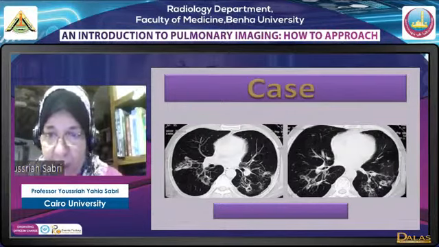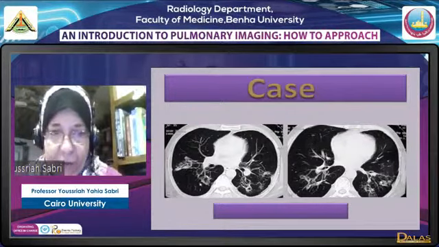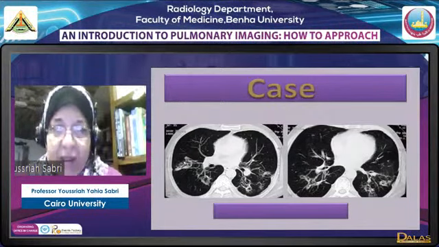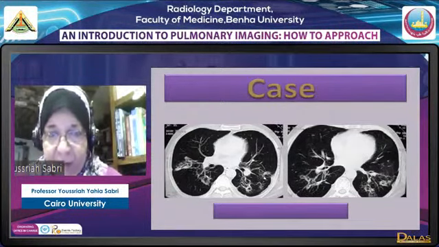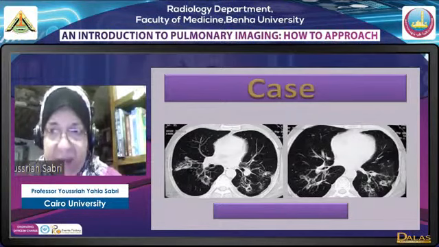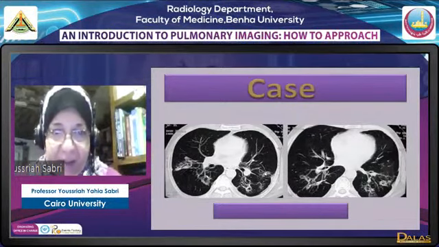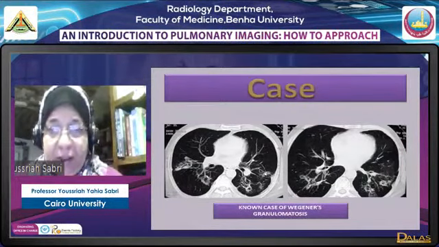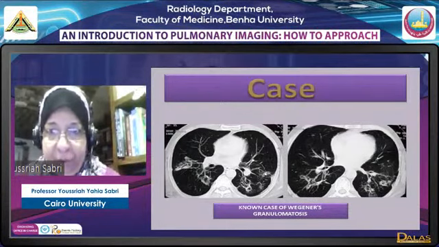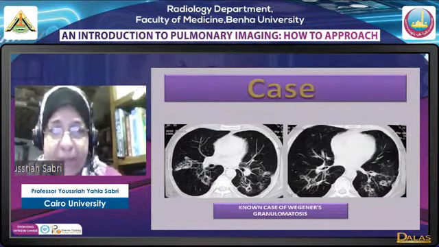We have nodules here, and those nodules are cavitating. Some of them are bizarre and complex in appearance. They are bilateral and they are countable. We may be dealing with atypical infection versus a case of vasculitis. Again, this was a case of Wegener granulomatosis.